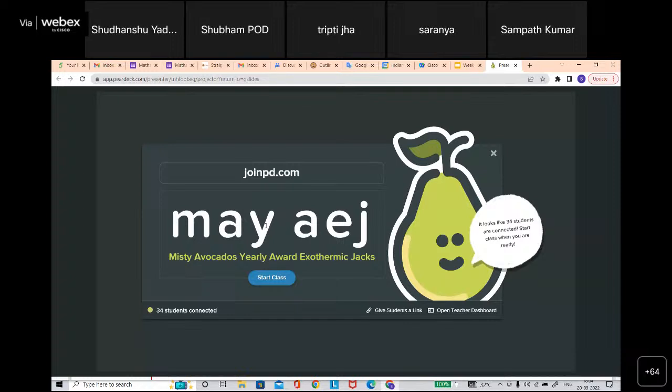To join this slide, just open a new browser on your laptop, tablet or mobile, in Google Chrome, and then type joinpd.com. It will ask for a password. Just type this, MAYAEJ, without giving any space. It looks like there is a space here, but no need to give a space.